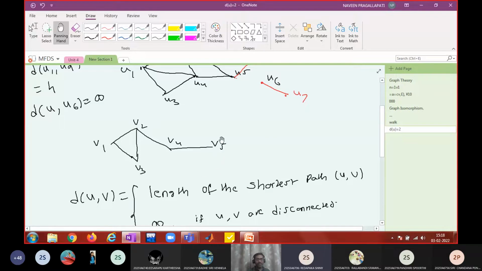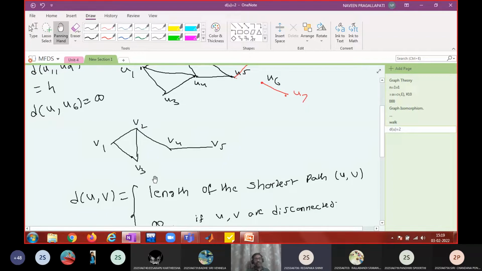What happens if I remove V5? Is it a cut vertex? No, sir, because the number of components remains the same. What about this? Sir, V2. Yes, V2 is a cut vertex. If I remove V2, then this becomes disconnected, therefore V2 is also a cut vertex.